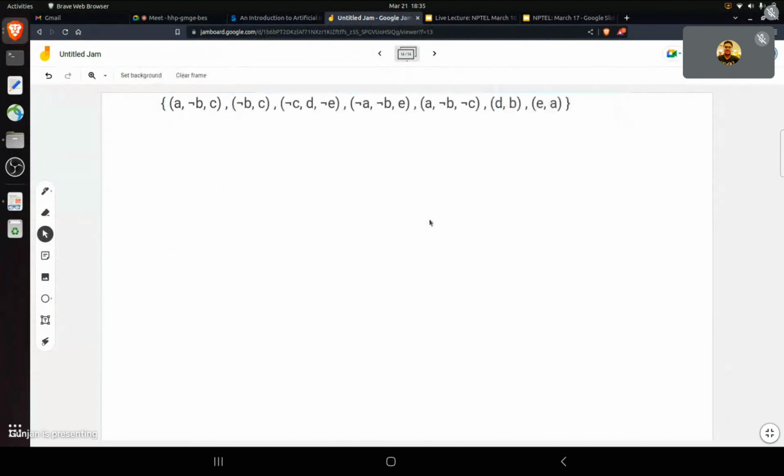Okay. So we picked B after applying MOM's heuristic, and we set B to true. So what will the new state look like?